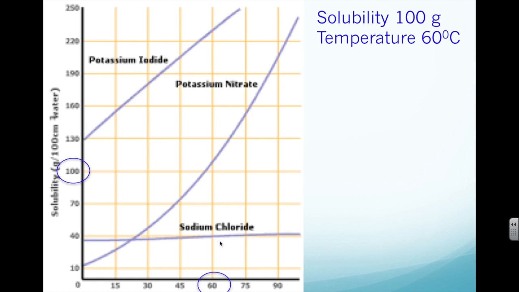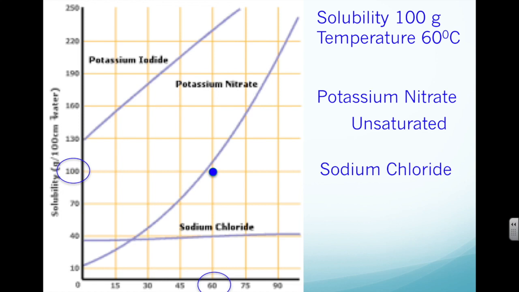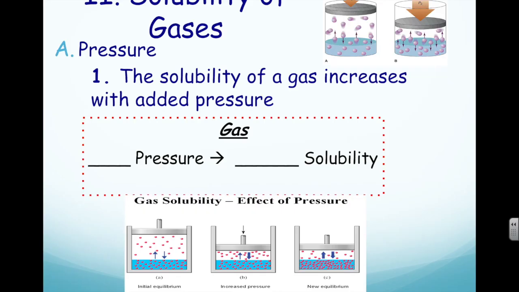If I said that the solubility was 100 grams and the temperature was 60 degrees Celsius, then that's what you would look at, okay? And so you would look at this point right here. If I asked you about potassium nitrate, what would you say? Well, you would say that was unsaturated. But if I asked you if it was sodium chloride, what would you say? You would say that was supersaturated, okay?